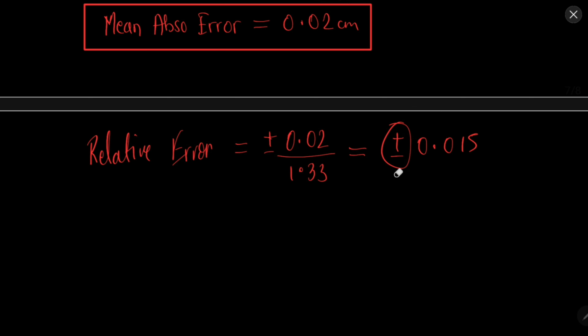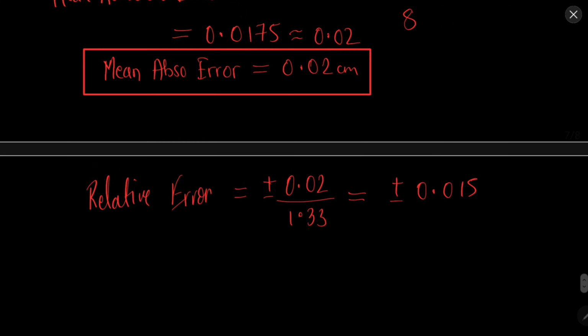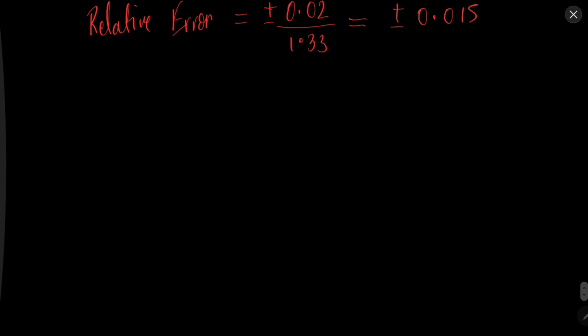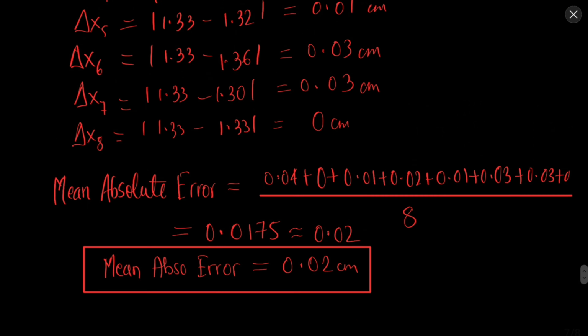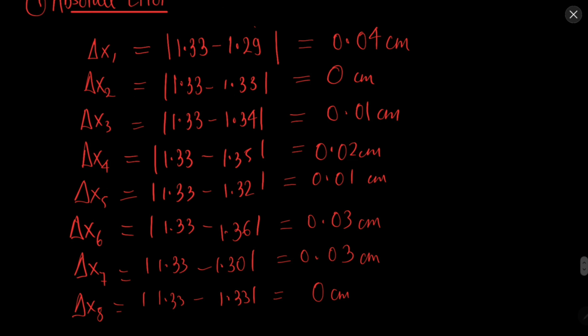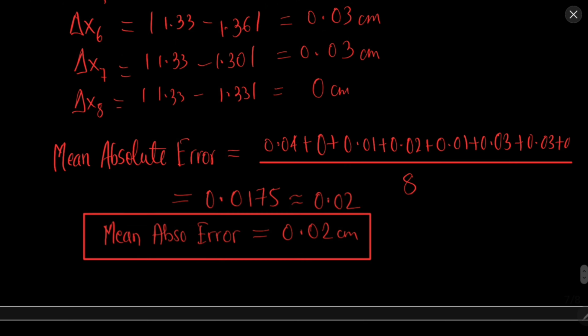Now what is the meaning of plus minus? So here the plus minus indicates that the value could have been 0.015 more or 0.015 less during the measurement, okay. Sometimes the measurement was less than 1.33 and sometimes the measurement was more than 1.33, okay. So therefore plus minus.